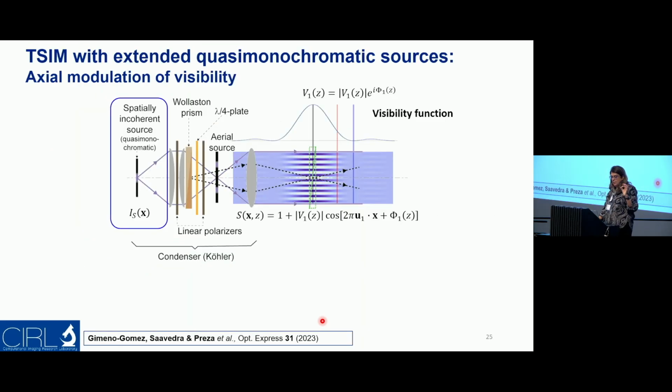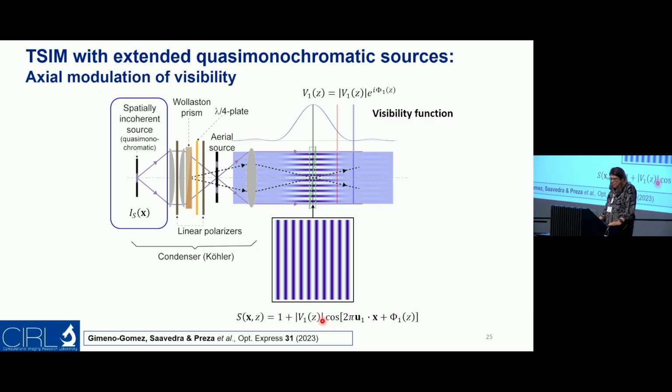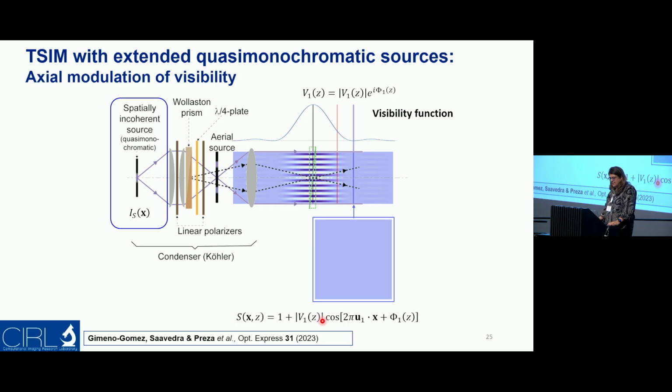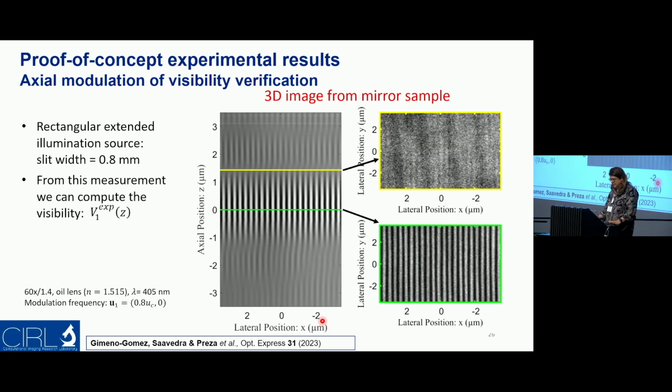So you can now, instead of a slit array, put an extended source, a quasi-monochromatic extended source, and the axial visibility here depends on the source. So again, you have regions where the structure pattern has very good visibility, and then as you move away axially, that pattern disappears.